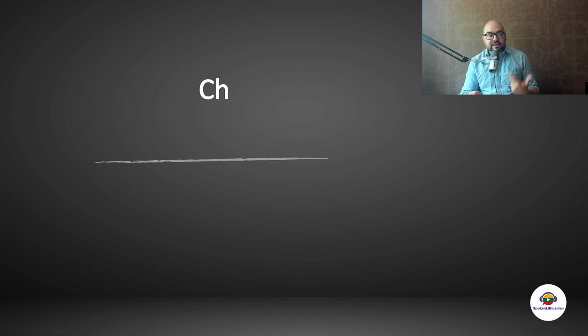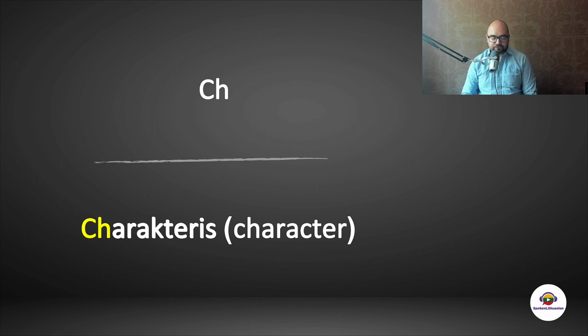Now we have ch, and in Lithuanian, it's usually on the international words. But for example, in English, you're saying character with a k sound. It has that explosiveness to it. In Lithuanian, it's like you're just exhaling breath, right?